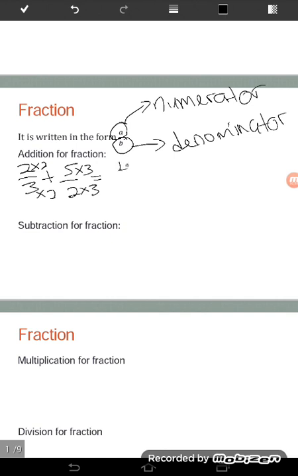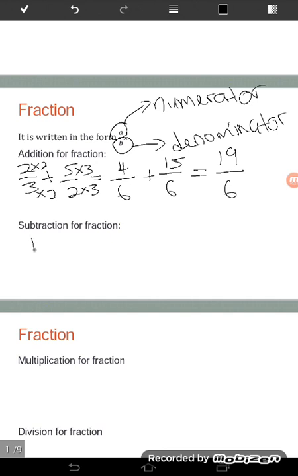So you have 4 over 6 plus 15 over 6, which is equal to 19 over 6.